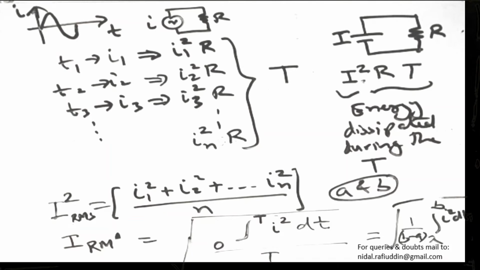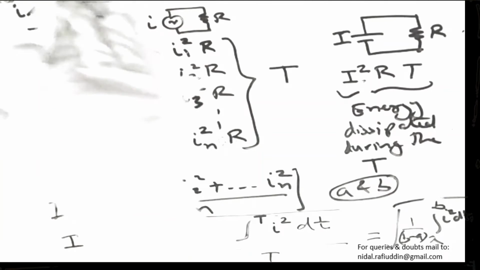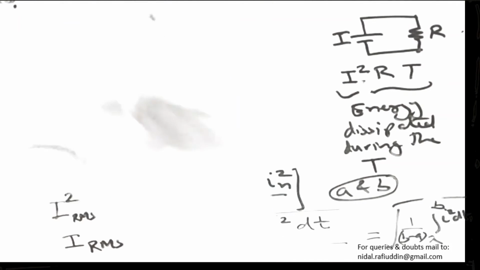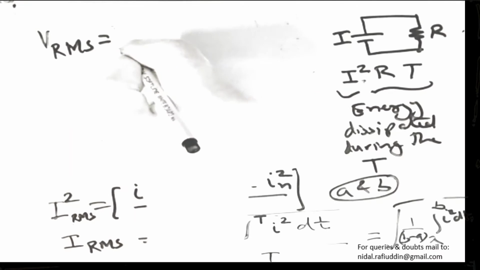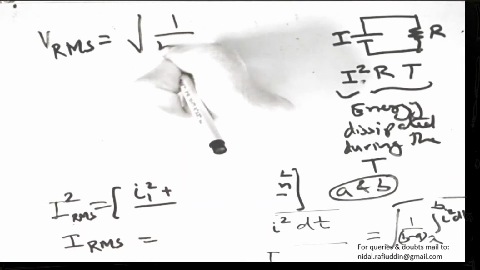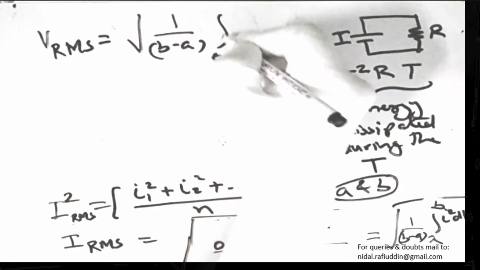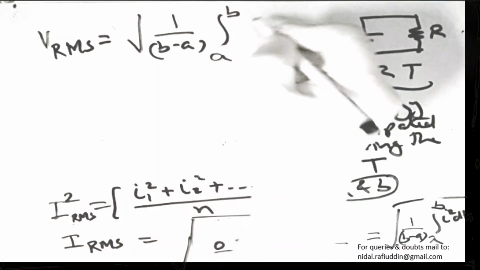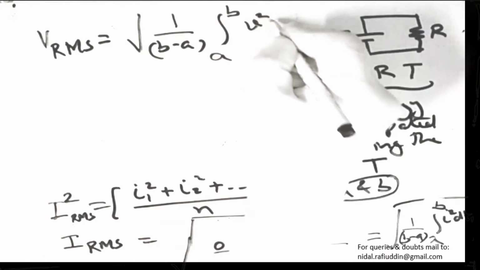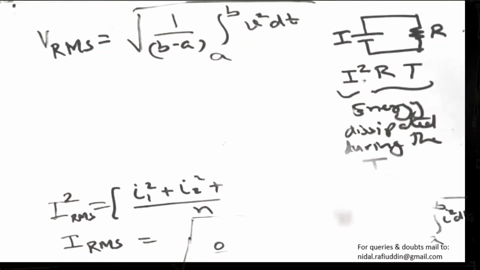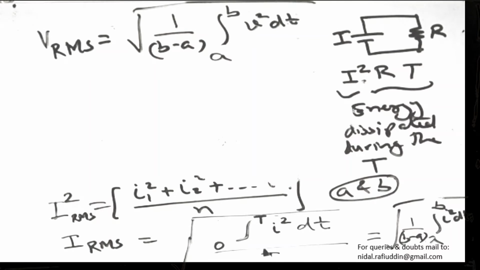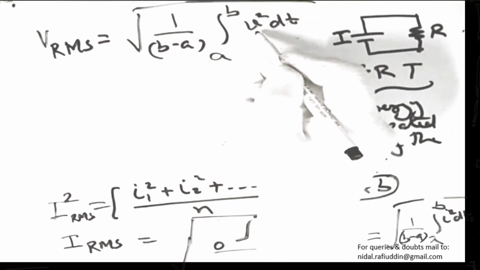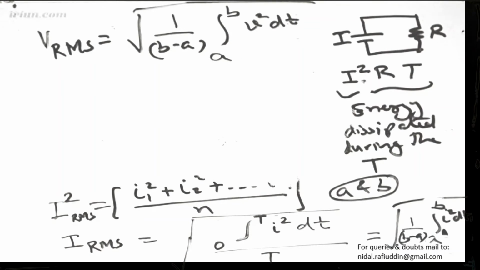The RMS value of any alternating quantity, for example voltage: if we are interested to find the RMS value of voltage, then VRMS will also be given by the same expression, that is, under root, limit from A to B, or 0 if we start from the 0 interval, and then we have small v square dt divided by B minus A, where small v or small i that we have taken here are the instantaneous values.